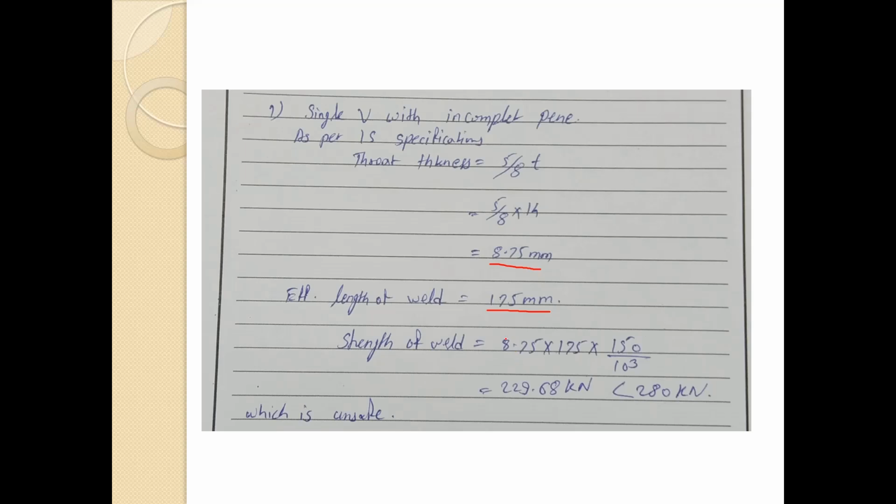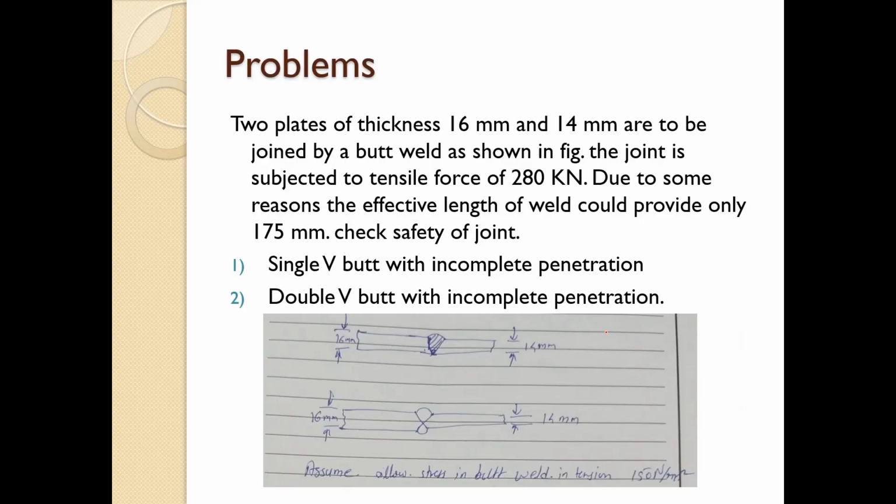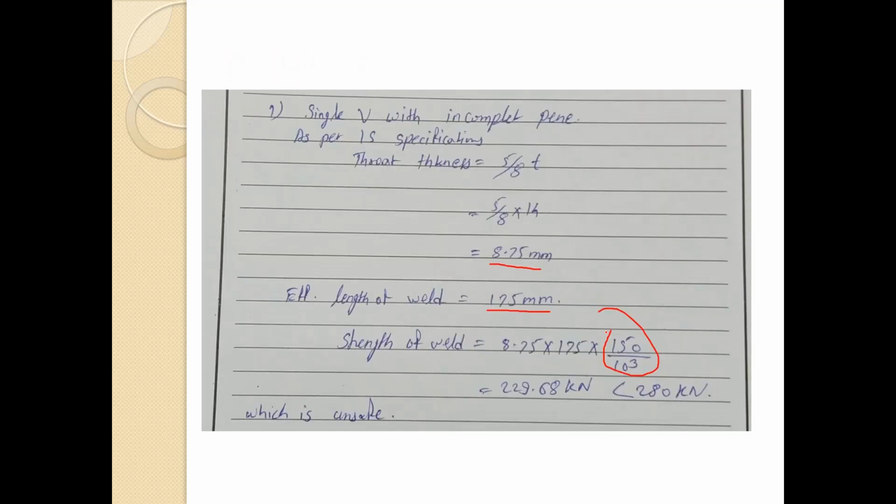So the strength of plate is 8.75, which is the throat thickness, into 175 into the strength of weld in tension that we have assumed. So that becomes 229.68 kN, which is lesser than this 280 kN.